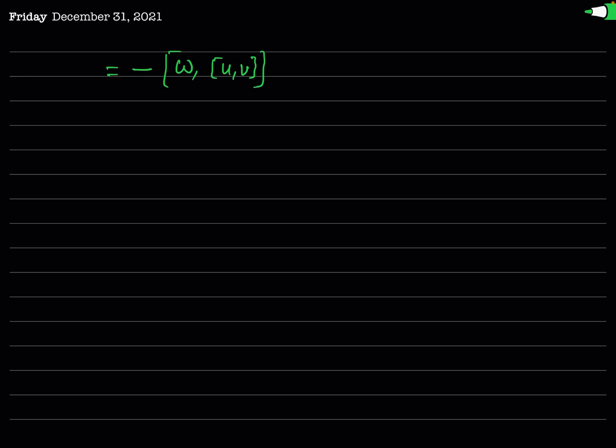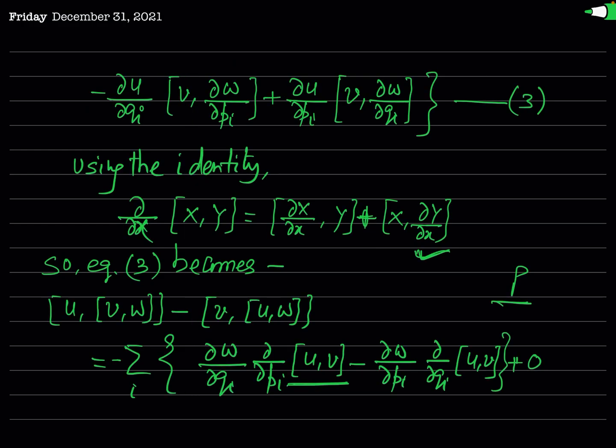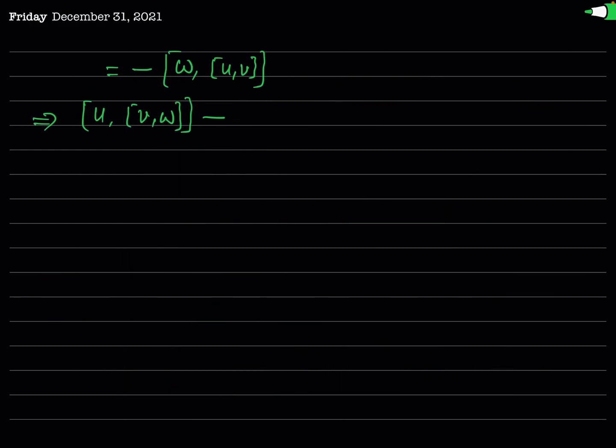So now let us take this result, this term which we have obtained in the LHS. You can see this will be Poisson bracket of u and Poisson bracket of v and w. This is actually the first term in LHS, minus the second term, which is this much. So rewrite this: Poisson bracket of v and Poisson bracket of u and w.